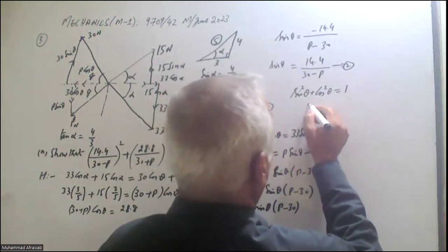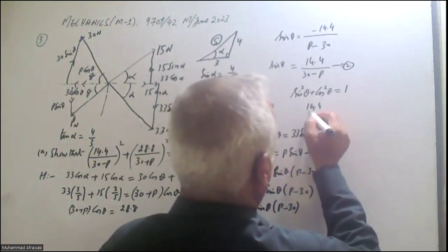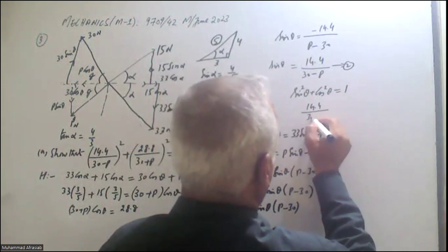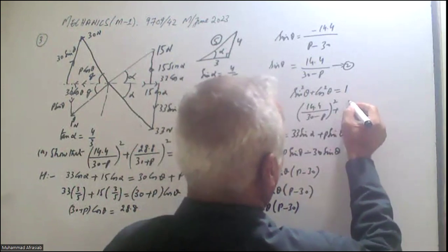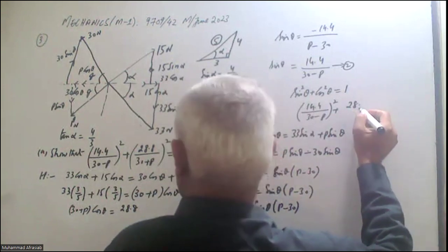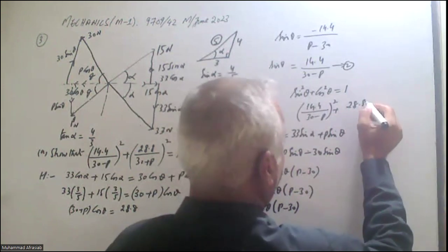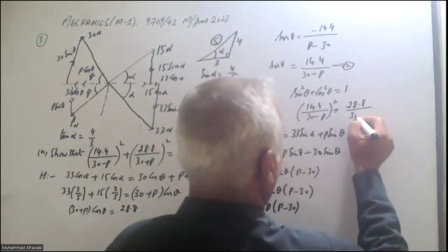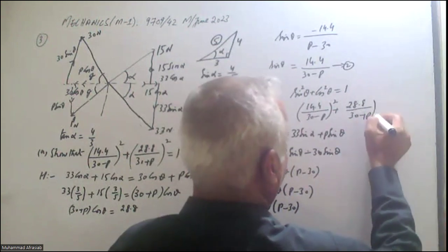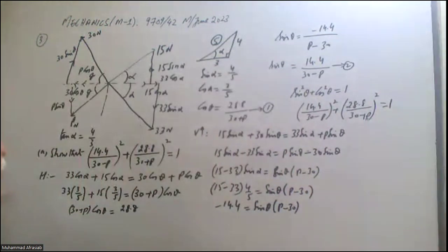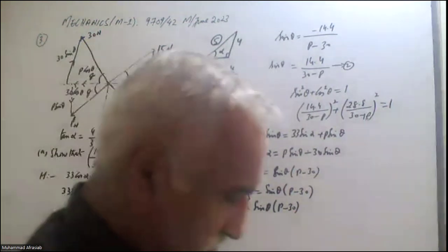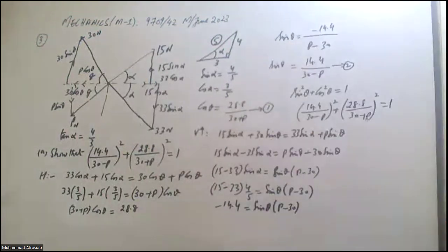It will be equal to 14.4 over 30 minus P whole square plus 28.8 over 30 plus P whole square is equal to 1. And that is what we were to show in this first part of the calculation for the angles and the forces.